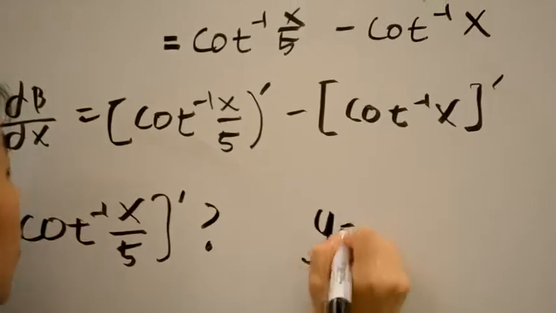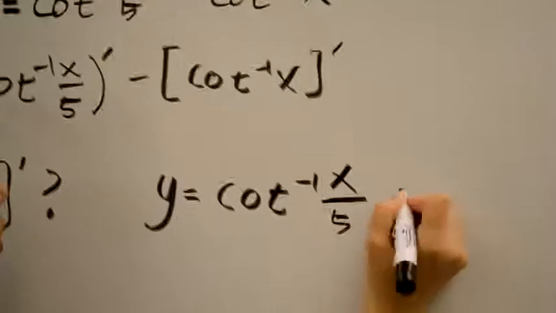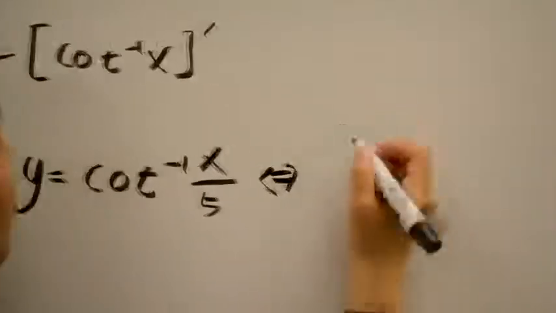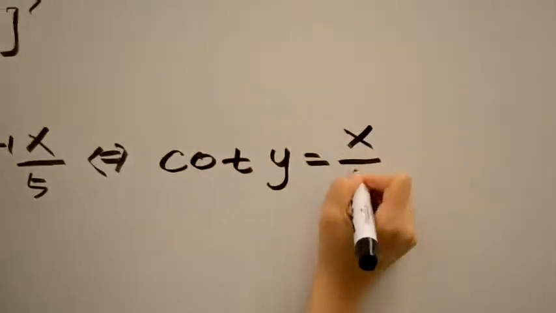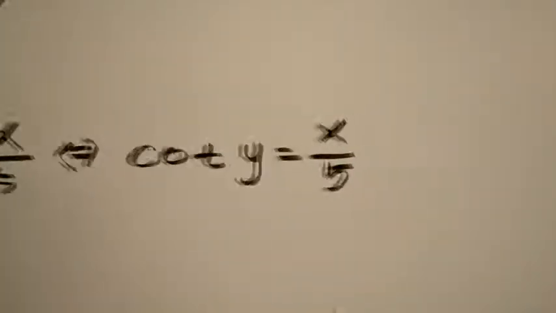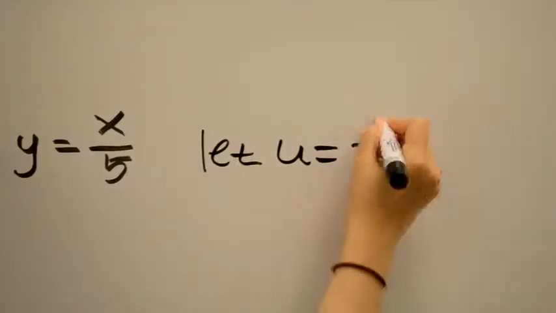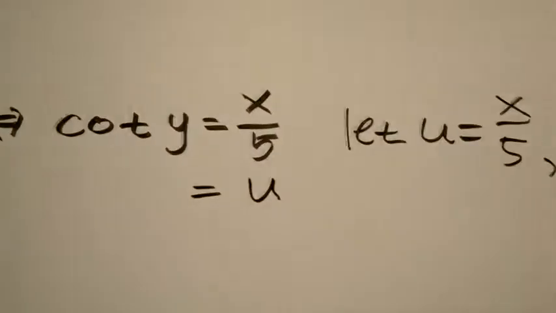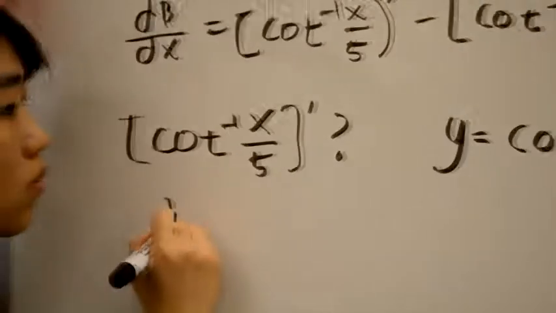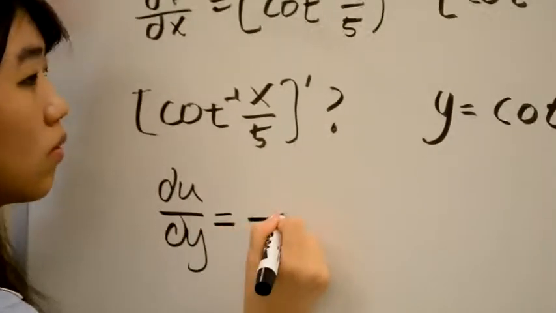So you would just flip what's inside the tangent from 5 over x to x over 5, and from 1 over x to x. So that's how you do cotangent, because cotangent and tangent are reciprocals, they're in reciprocal relation.